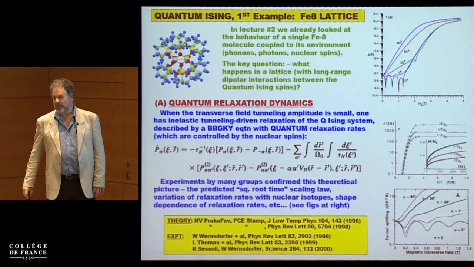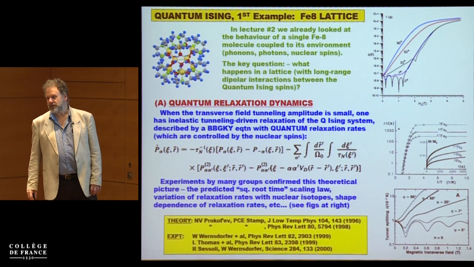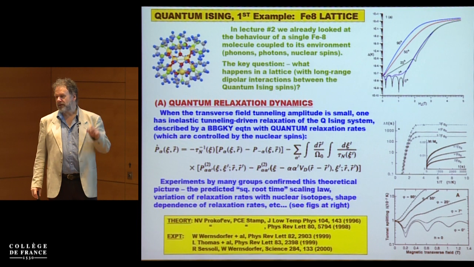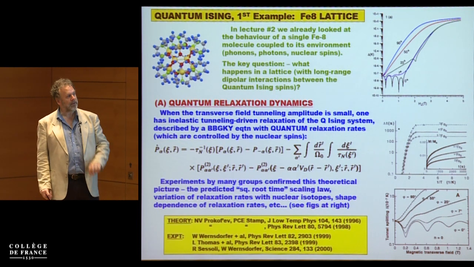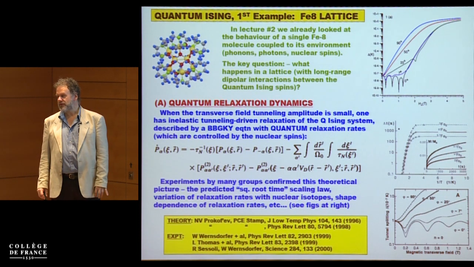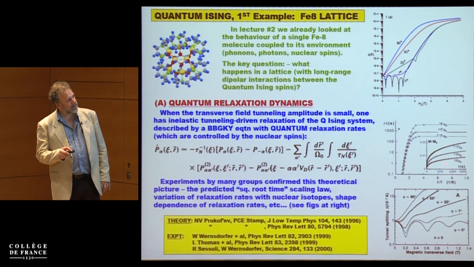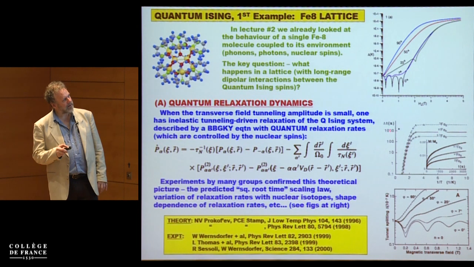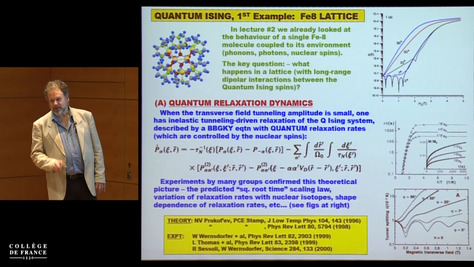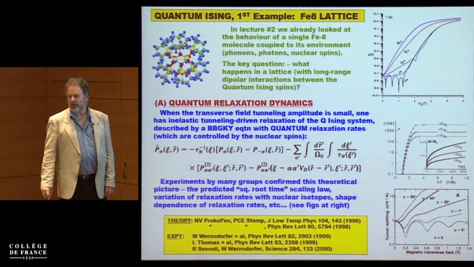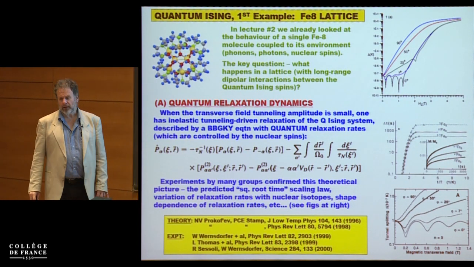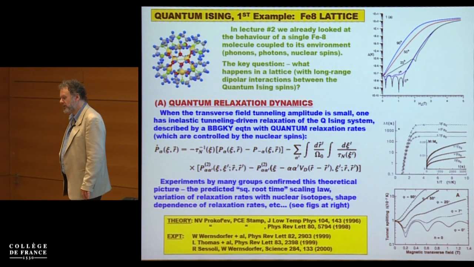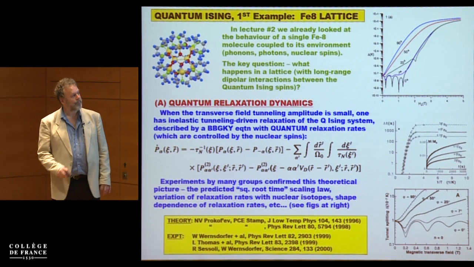But the relaxation rate is also controlled by the nuclear spins, and it turns out that you can calculate what it should be if you know the coupling to the nuclear spins. It goes like delta squared times a function of the nuclear spins, and so if you vary the nuclear isotopes, you should change it. So these are three experiments in which, this is a logarithmic scale for relaxation time, in which we have different isotopes. This is quite remarkable, and immediately convinced the experimental community that actually this was the mechanism.